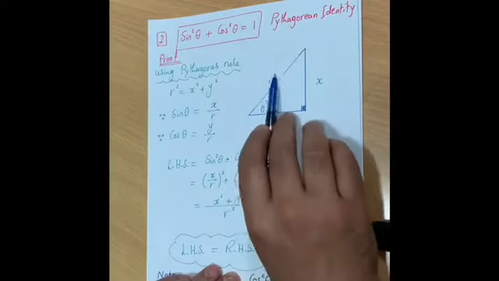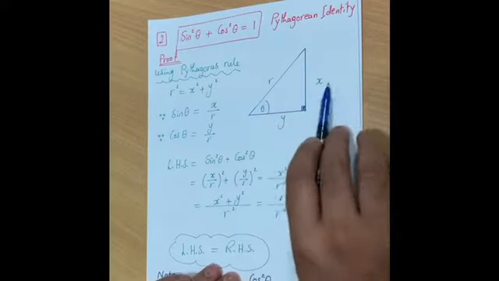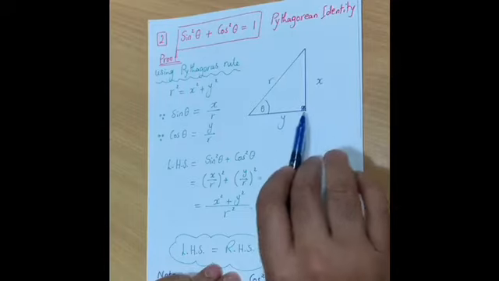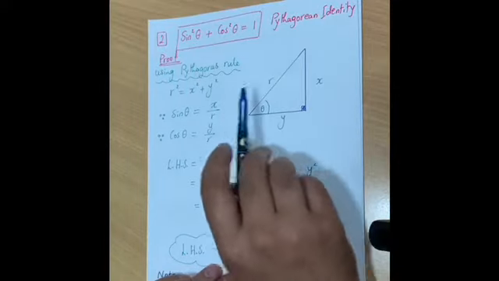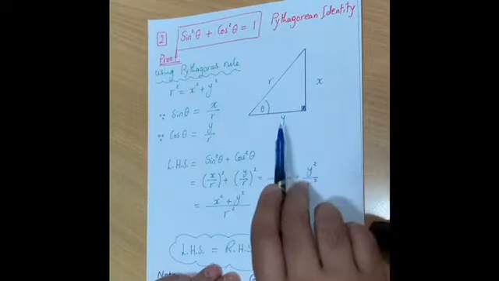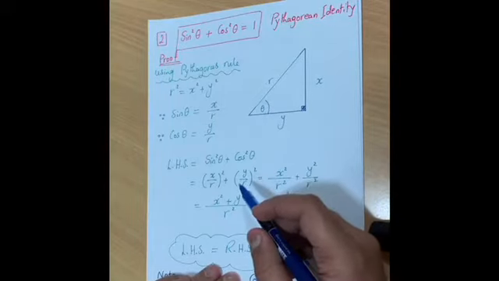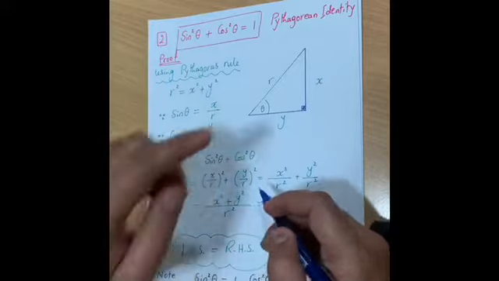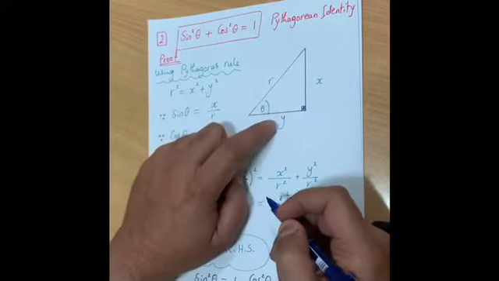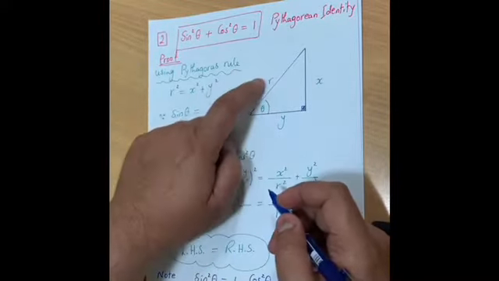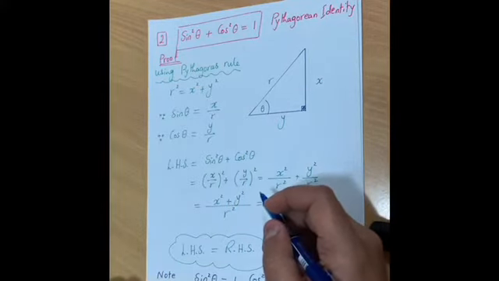Using Pythagoras, hypotenuse squared is equal to the sum of the squares of the other two sides. So r squared equals x squared plus y squared. Or as we did before, a squared plus b squared is equal to c squared. So a is representing x, b is representing y, and c stands for r.